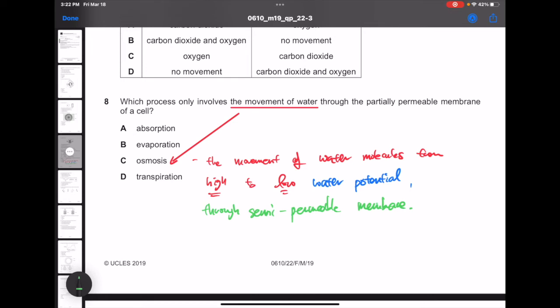the movement of water molecules from high to low water potential means there's no such thing as water concentration, because concentration is basically when you put water, or solvent, into a beaker or some container, and you put something like salt or sugar.